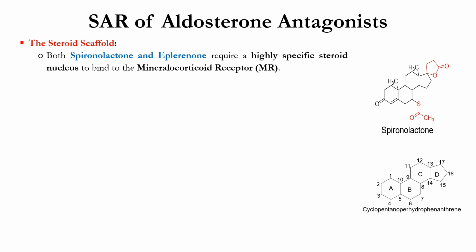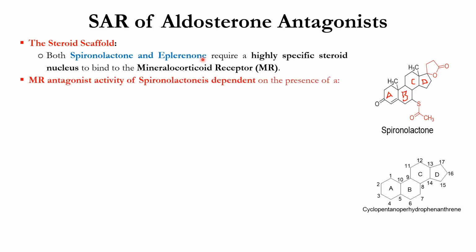So they contain these ring systems: this is ring A, this is ring B, this is ring C, and this is ring D. The one that contains these four ring systems is named a steroid. Having a steroid scaffold is essential for the molecule to antagonize the action of aldosterone by binding competitively to the mineralocorticoid receptors. Both drugs have such a ring system.